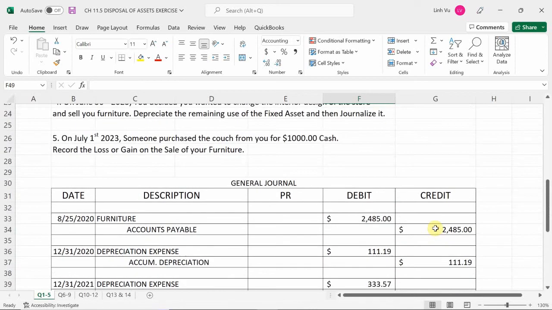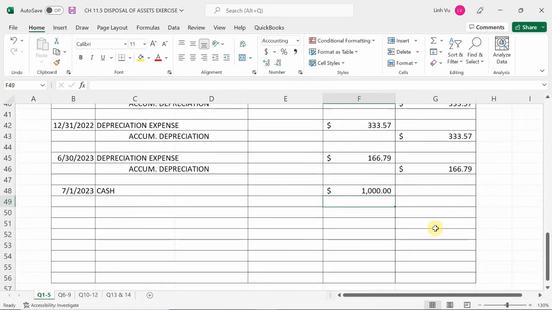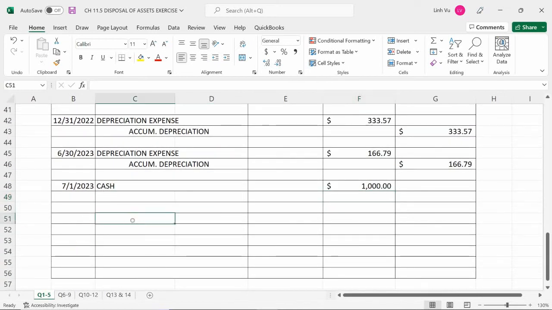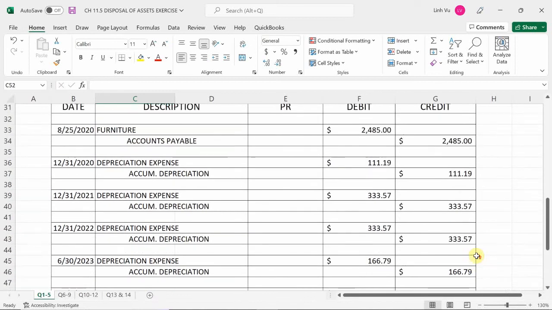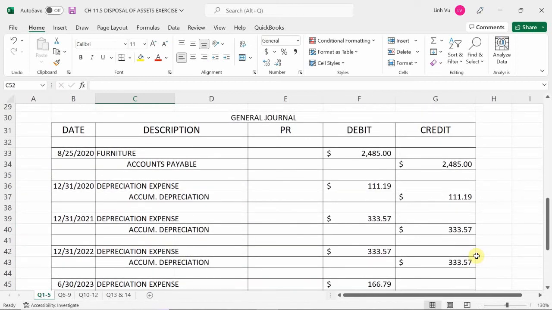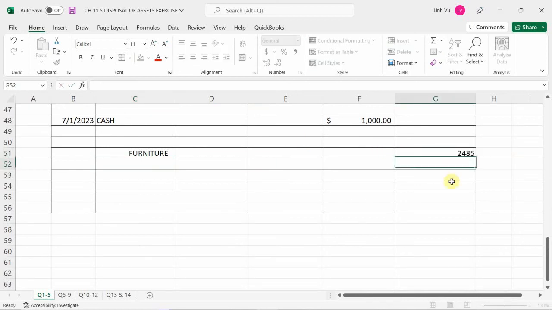It would be a credit for furniture, because I purchased my furniture. Now, how much did I originally purchase my furniture for? $2,485.